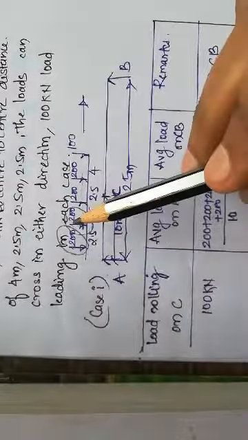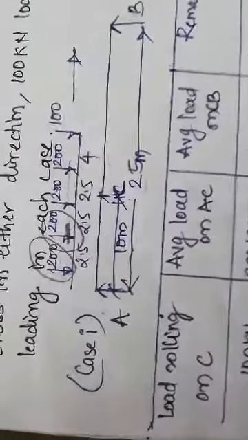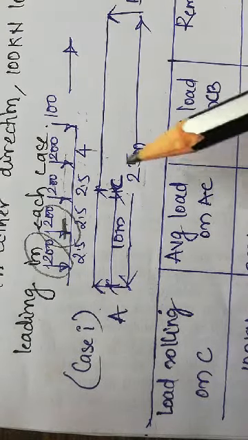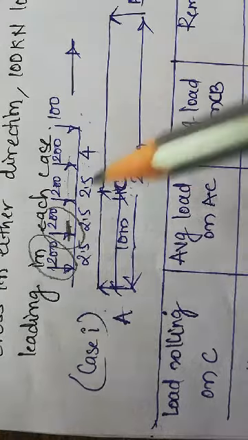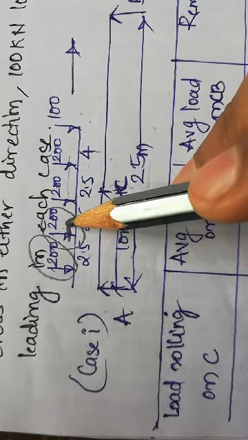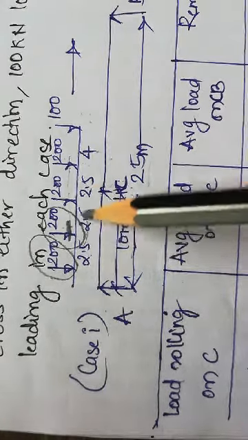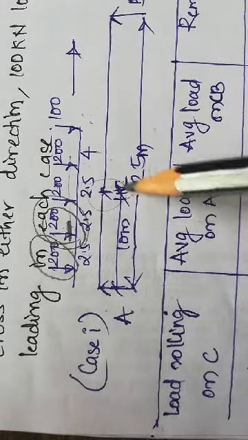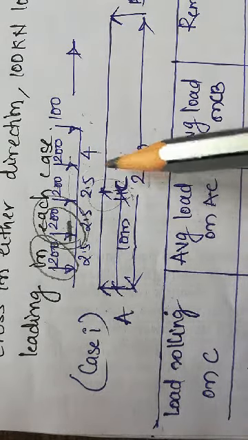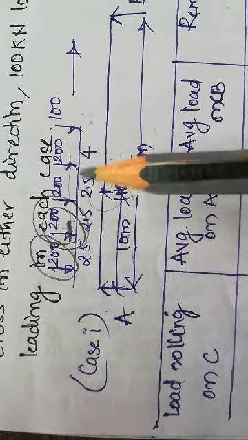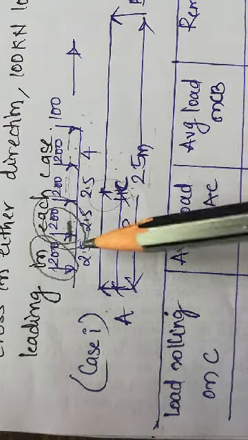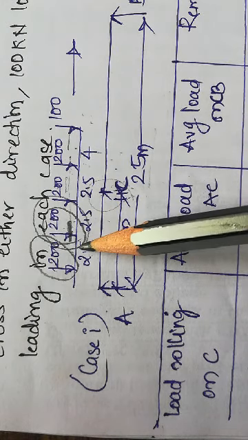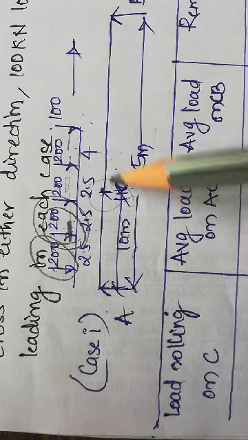That's why we will be placing this third 200 kilonewton load at point C to get our maximum bending moment. Why we are considering this third 200 kilonewton load is because due to this load rolling past point C, the changes are occurring. These changes were not observed when the first and the second 200 kilonewton loads rolled past, but the changes were observed when this third 200 kilonewton was passing by.